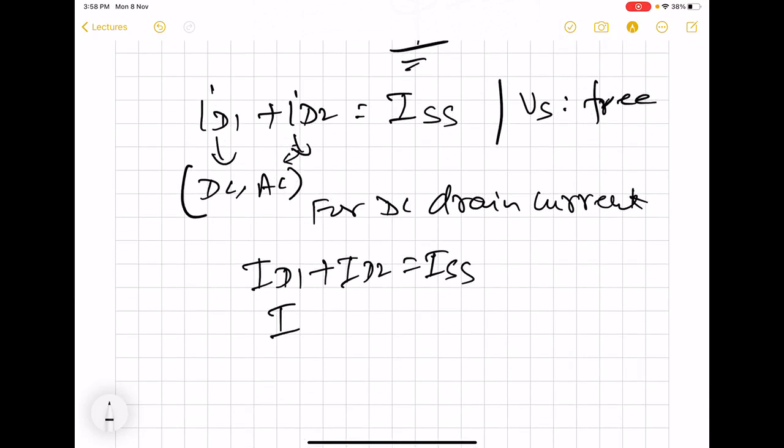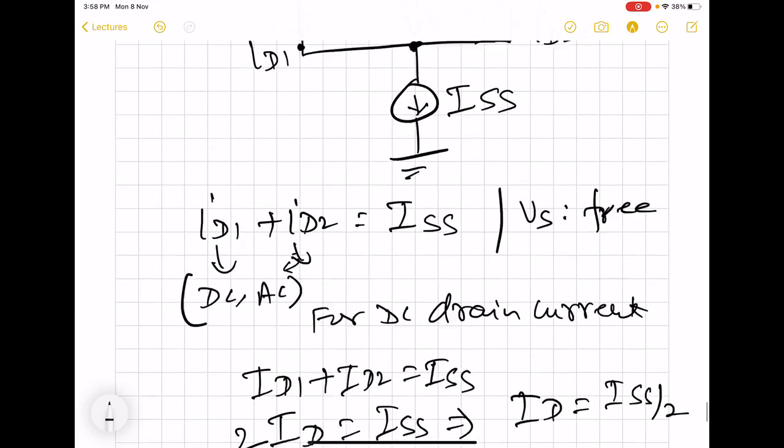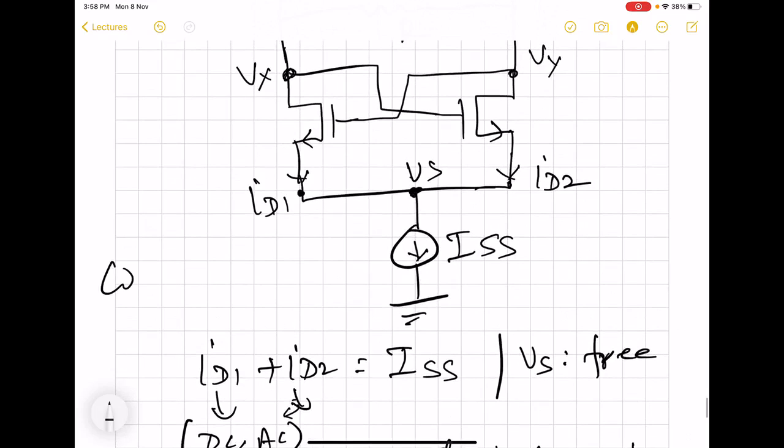So this will be 2 ID is equal to ISS, which implies that the DC drain current that will flow is going to be ISS by 2 of them. Now here also the oscillation frequency is going to be determined by total L and total C, so it is given by the same formula.